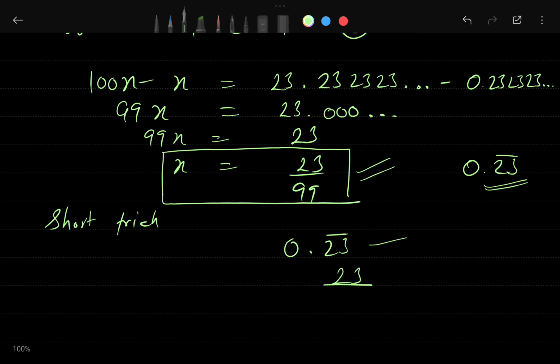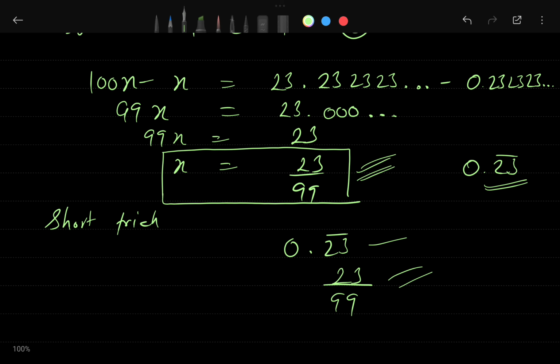So for 0.23 bar, I will write 23 in the numerator, and in the denominator I will repeat 9 as many times as there are digits being repeated after the decimal. Since there were only two digits under the bar, I will write two nines in the denominator. So both of these answers are actually the same. So this is how you do it using the short trick.